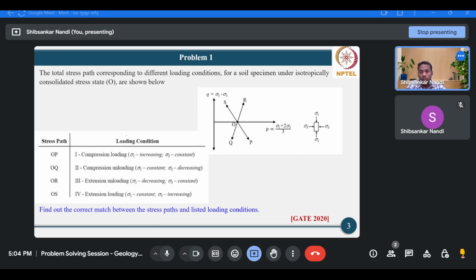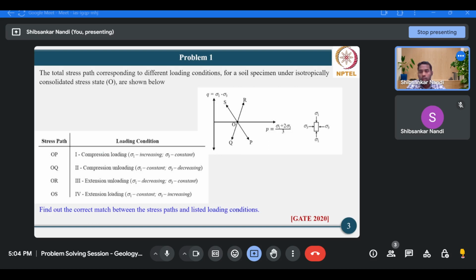Now what we have to basically do in this problem: these stress paths represent some loading conditions, four different loading conditions stated in this problem. Starting from compression loading, then compression unloading, extension loading, then extension unloading.